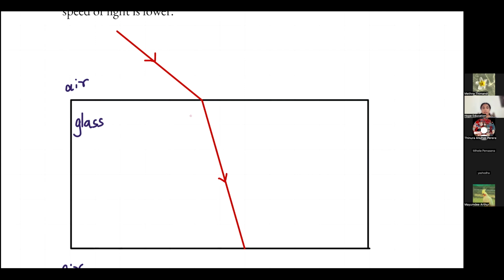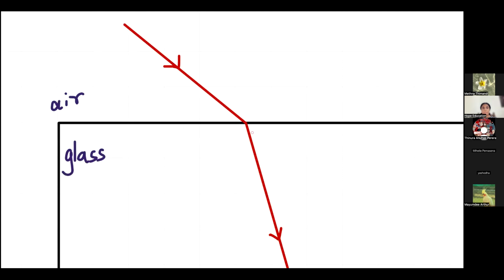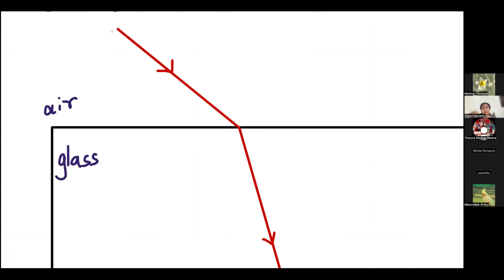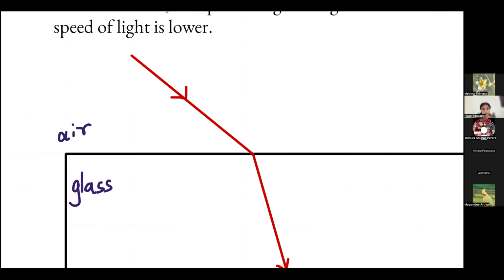So if you look at this point where the light ray is bending, this light ray that strikes, I call it the incident ray.